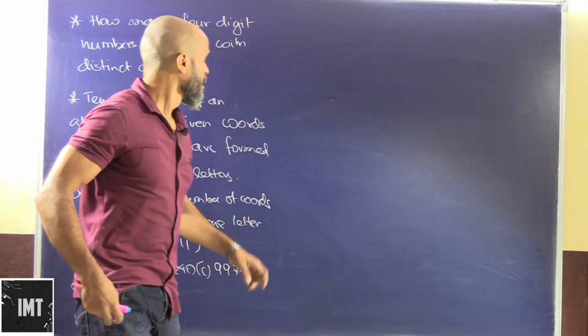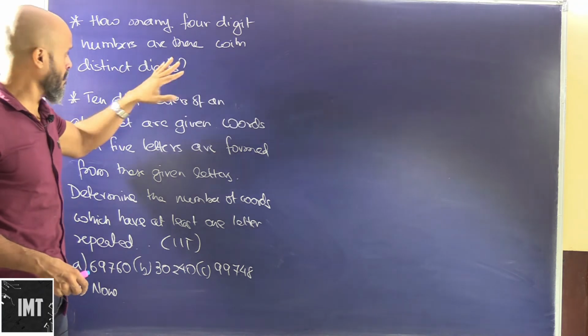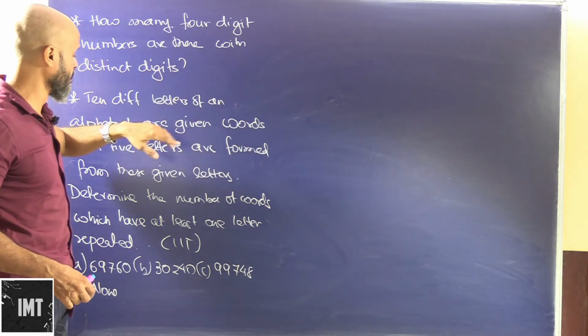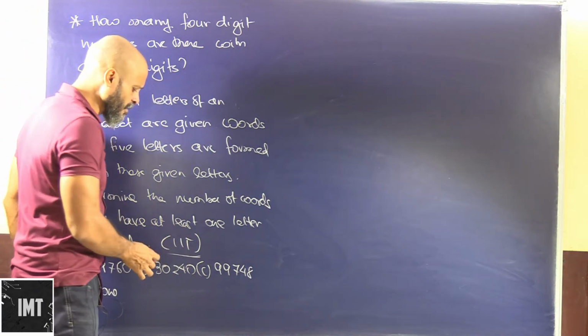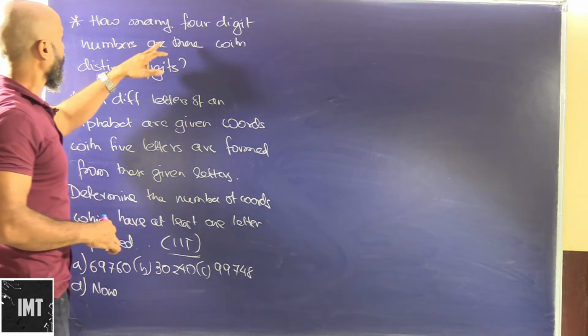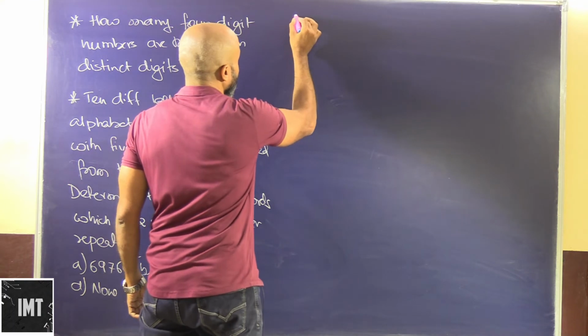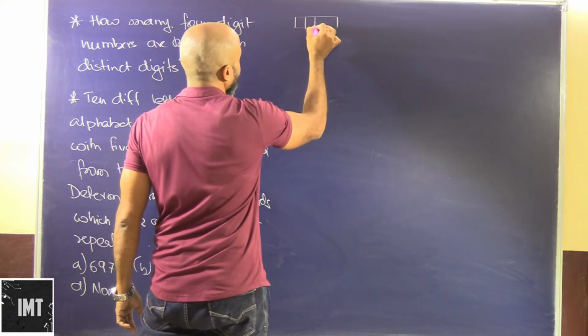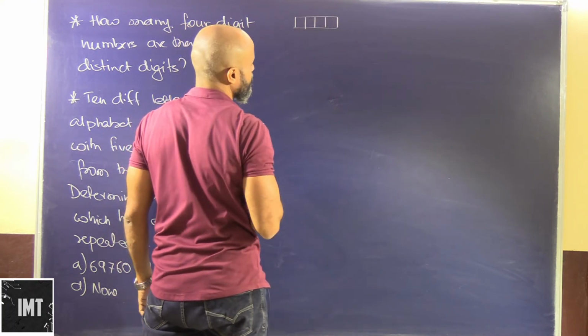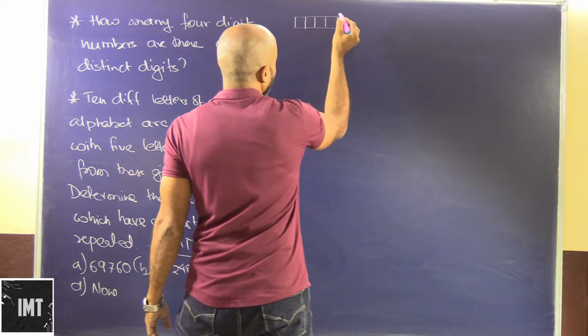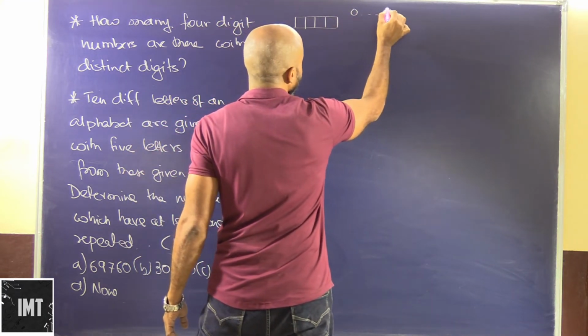Okay, so we'll first do a general problem, and then we will move on to an old IIT problem. How many 4-digit numbers are there with distinct digits? Let's say we have here 4 digits, and all of these are distinct digits. Now we have digits from 0 to 9.